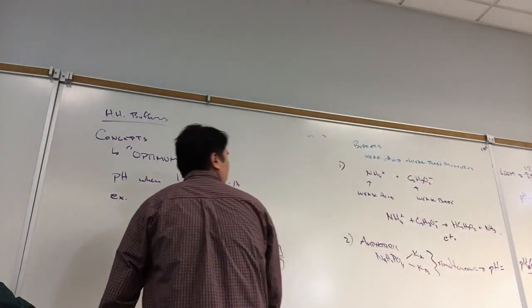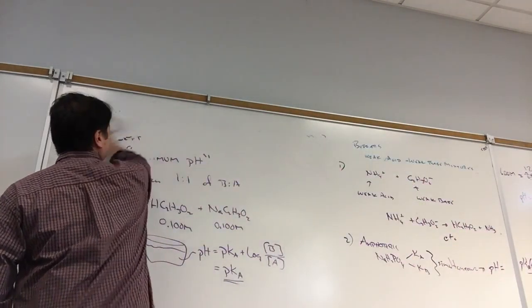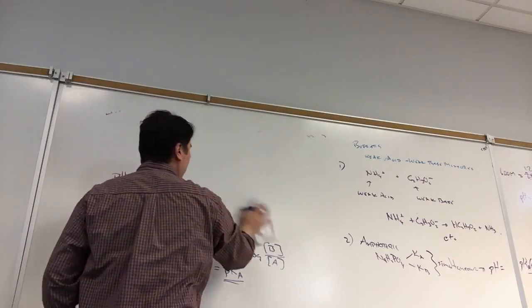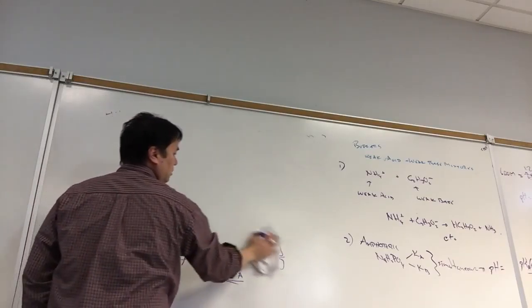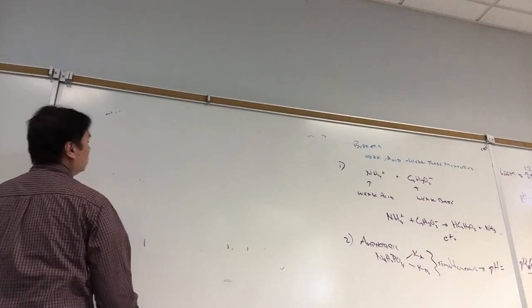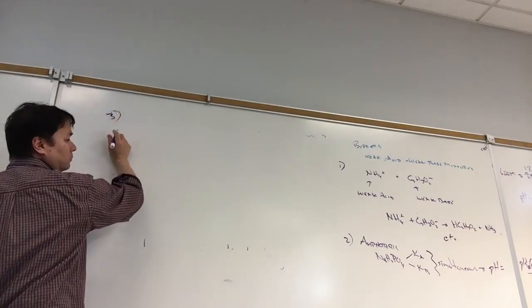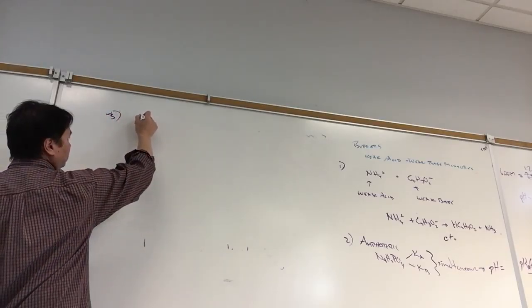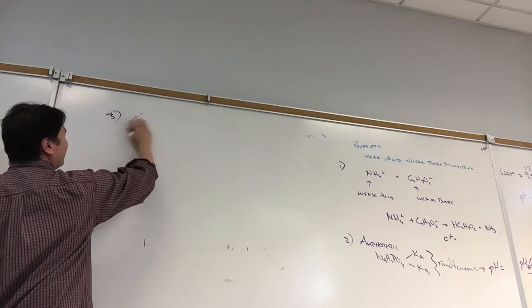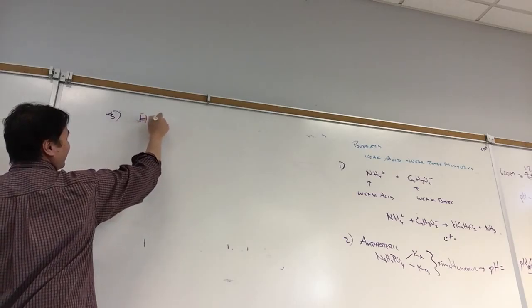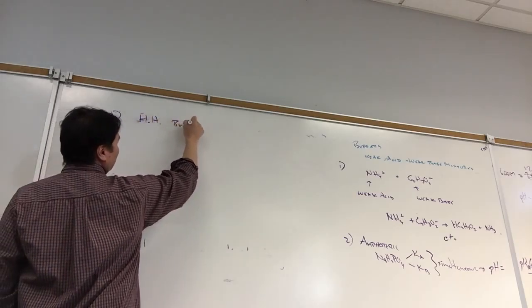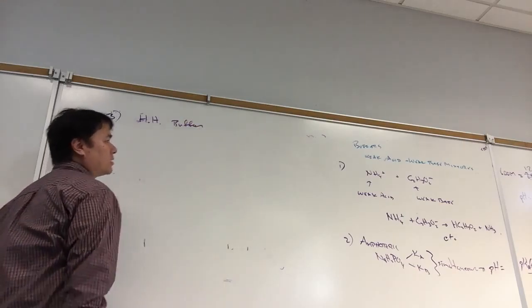Then the third type of weak acid, weak base mixture will be when they're conjugates of each other. And this third type is called a Henderson-Hasselbalch buffer. All these have buffering actions.